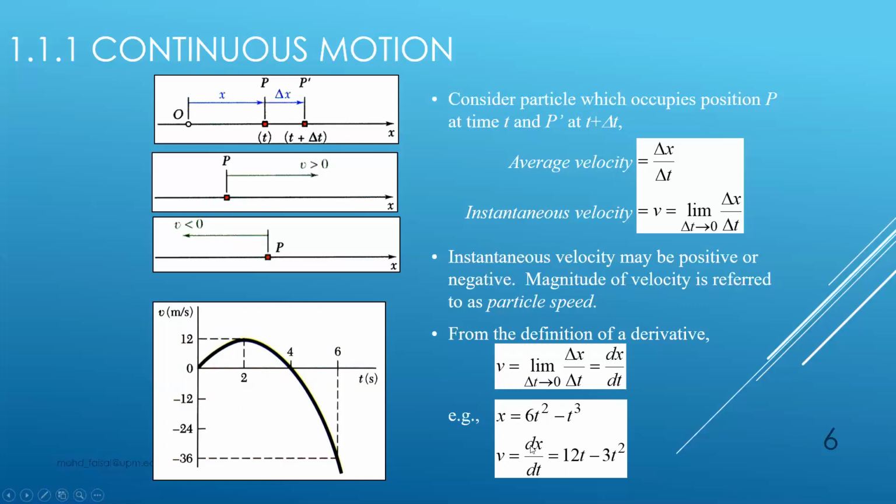So differentiating with respect to time, you get 12t minus 3t squared. If you would like to know the speed at any time, you can simply put any value of t here, and you can also get the plot of the graph like on the left here.